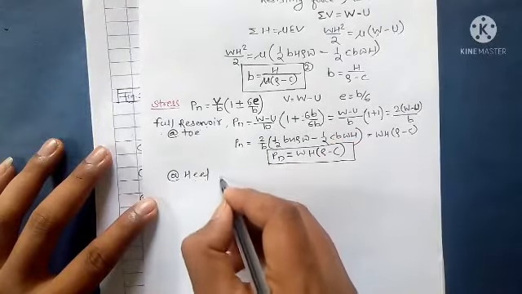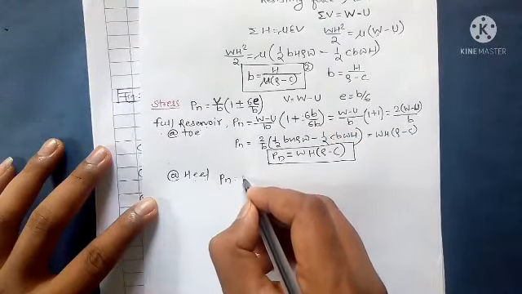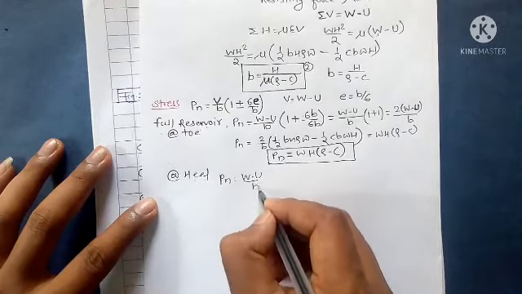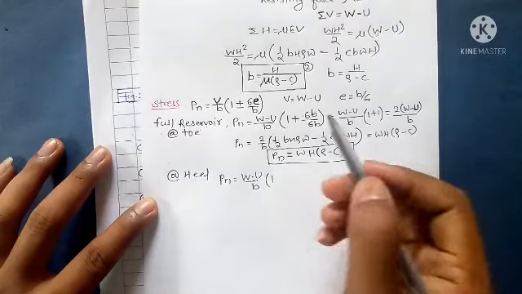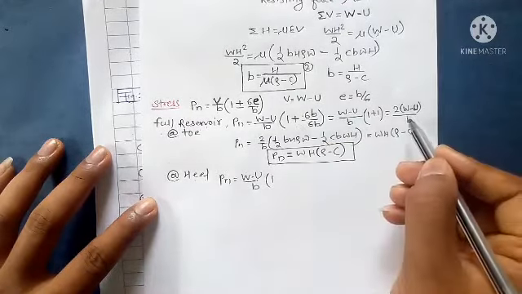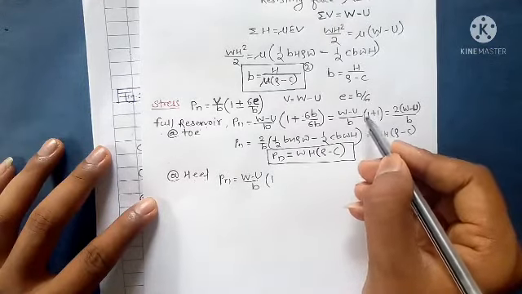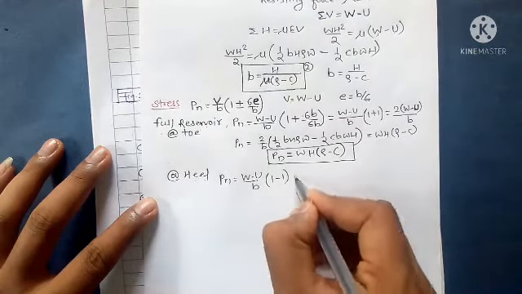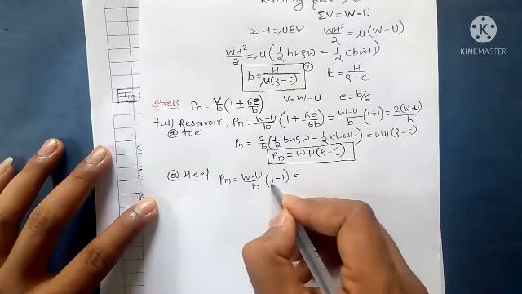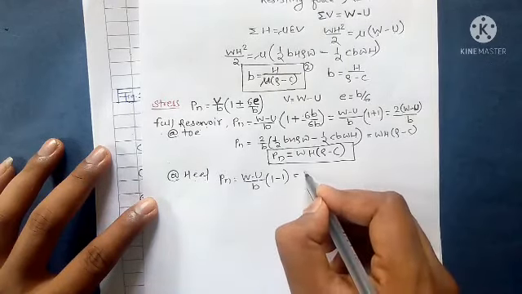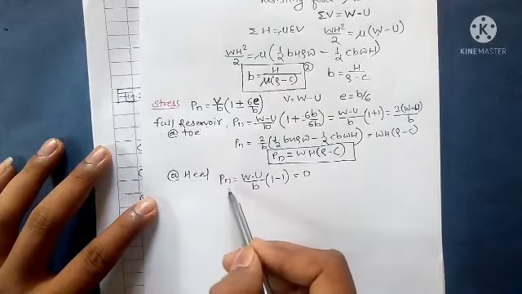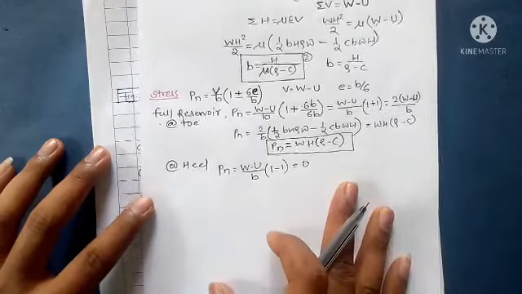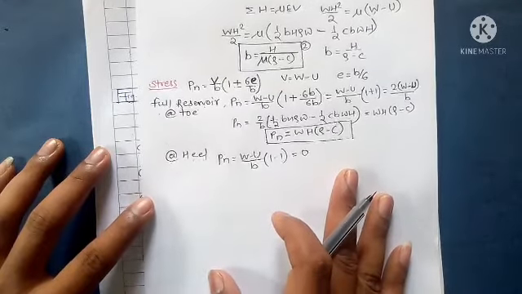By putting the values, Pn is equal to (W minus U) upon B into bracket 1 minus 1, which is 1 minus 1 equals 0, so the whole term is 0. So the normal stress at the heel is equal to 0 for the full reservoir condition.